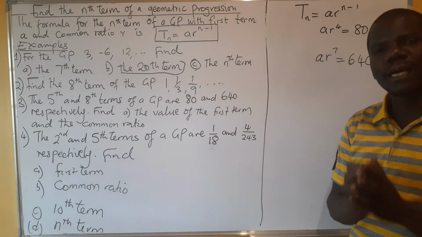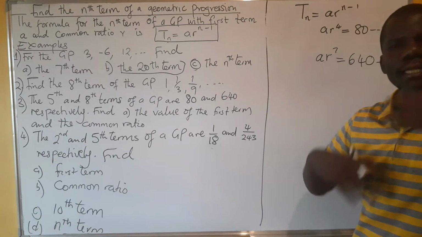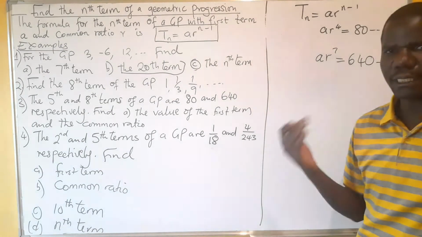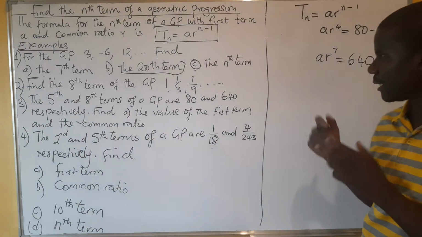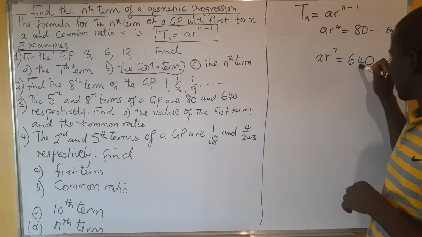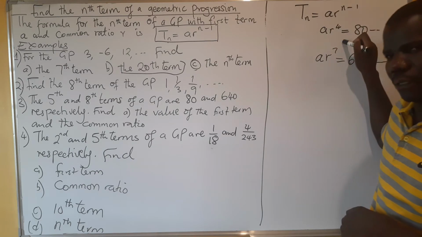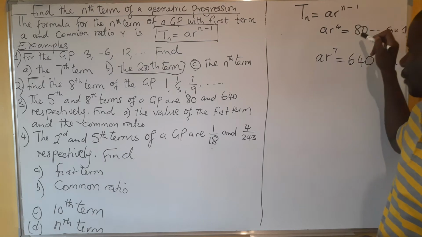Even when we were looking at arithmetic progression, we had such a case where you come up with 2 equations and then solve them simultaneously. So please, this is what we are supposed to have. Then when we have this case, we have now to divide the second equation by the first one.